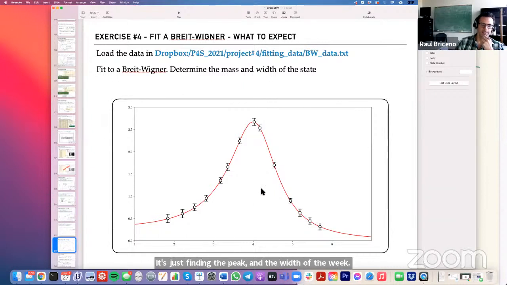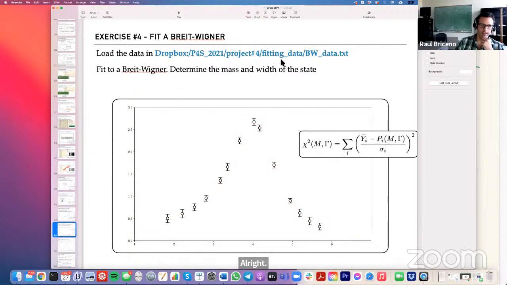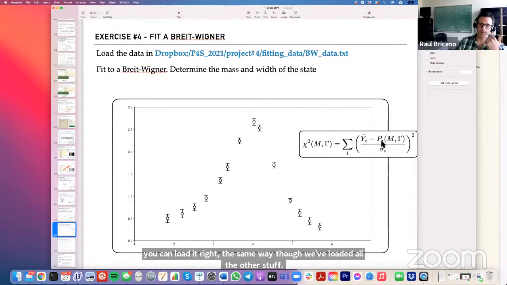All right. So I gave you some data here and you can load it the same way that we've loaded all the other stuff. And then you write a chi-squared just the way that I did before.